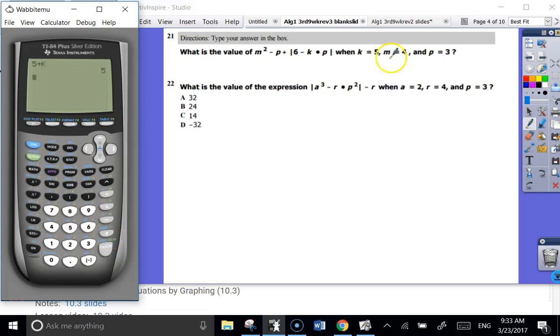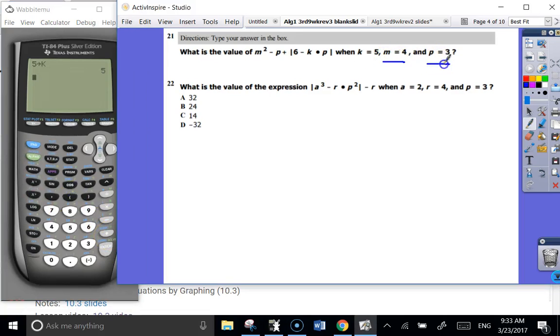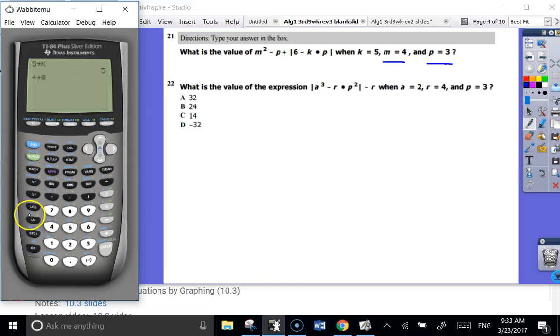So we're going to go 5, store, alpha, left parentheses, enter. Okay, now we've got to do m equals 4 and p equals 3, right? 4, store, alpha, M is on the divide, alpha, divide.